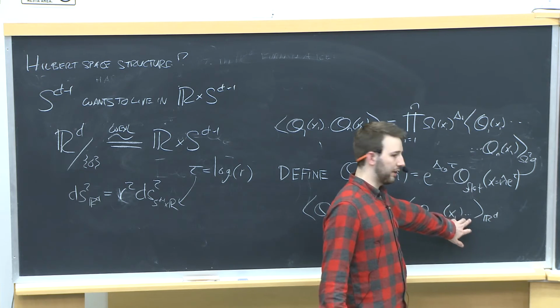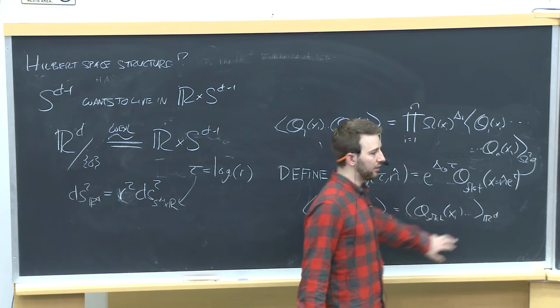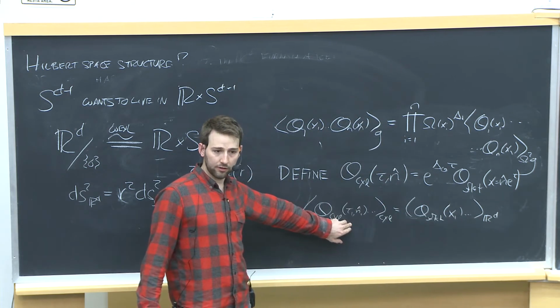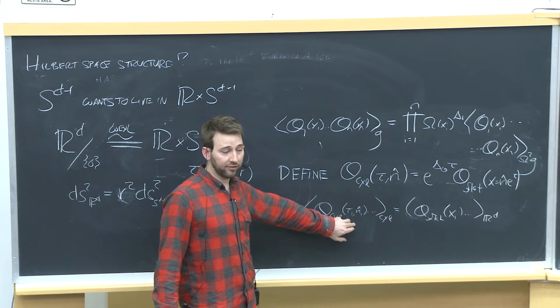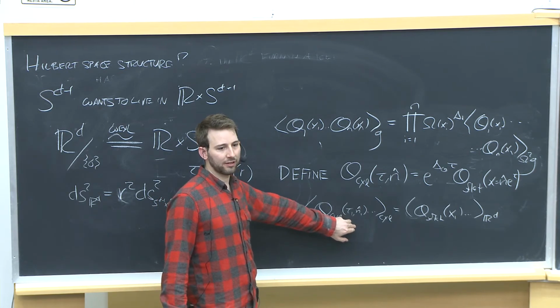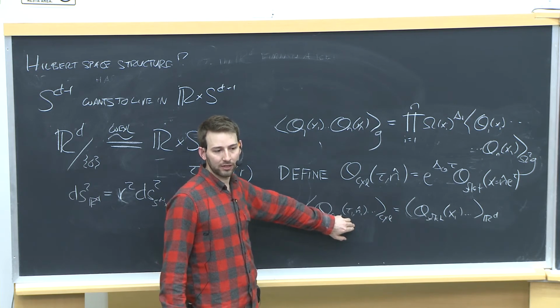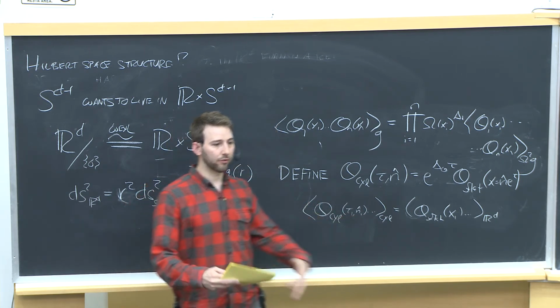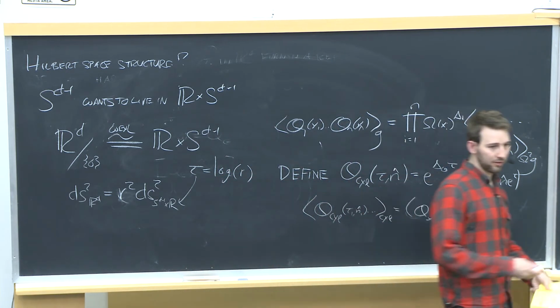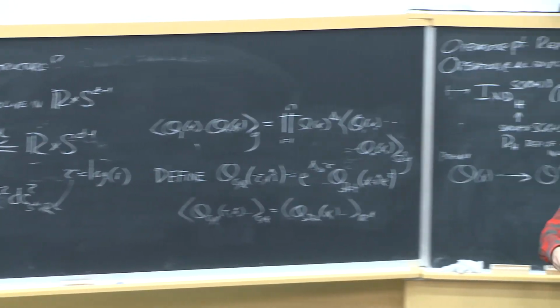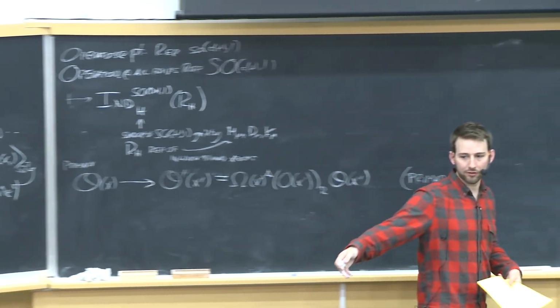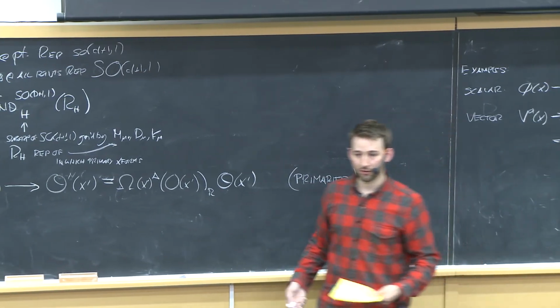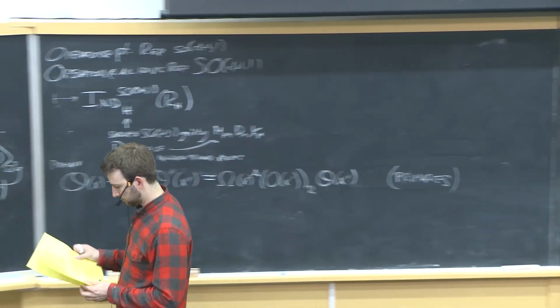So I now know how to relate correlation functions in R^D to correlation functions on the cylinder. But correlation functions on the cylinder are transparently related to things that I get by analytically continuing from a Lorentzian theory, because this cylinder is where I can define a Lorentzian theory on S^(D-1) times Lorentzian time. And then analytically continuing that time parameter, the cylinder time, is going to give me the Euclidean cylinder.